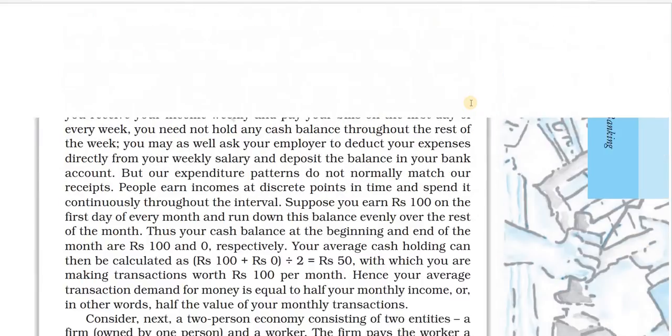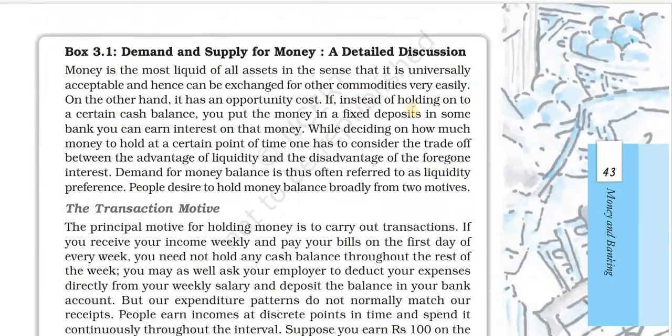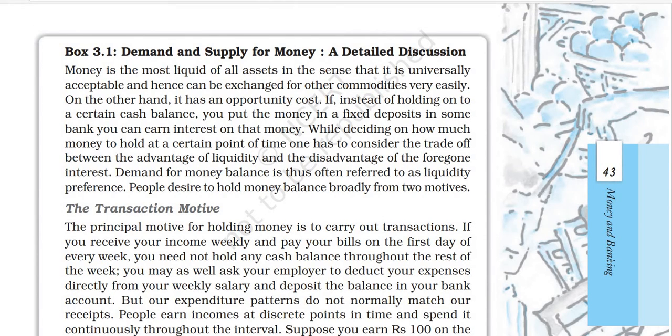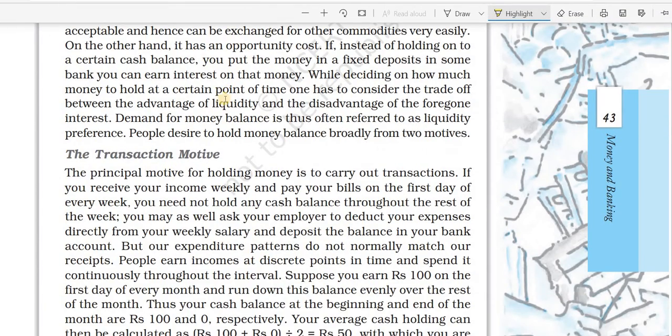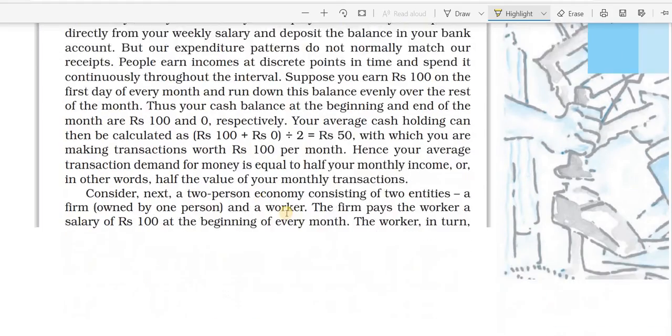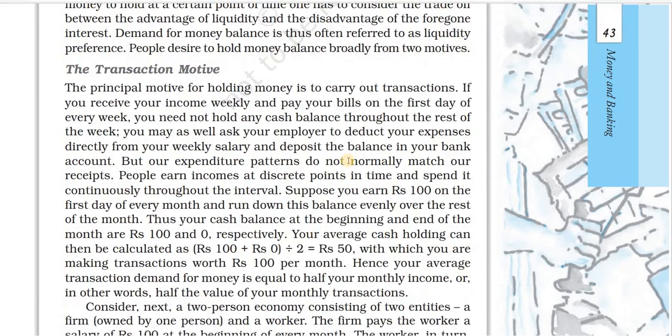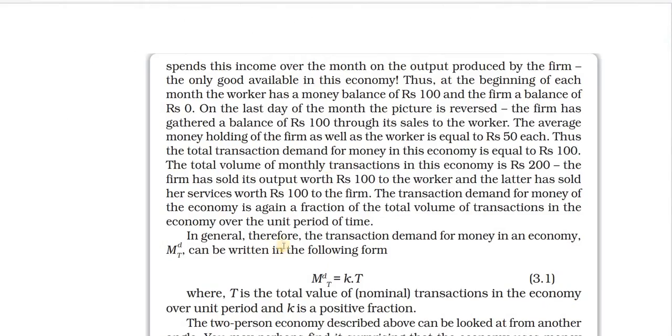Next, here we studied about demand and supply of money. In the last class we studied about the transaction motive. What is transaction motive? Means people need money for transaction purposes.